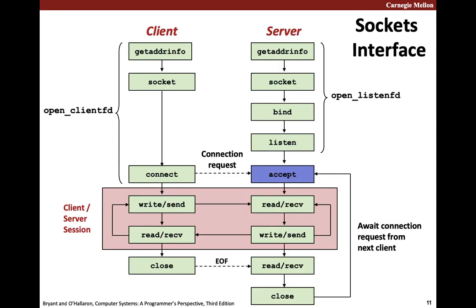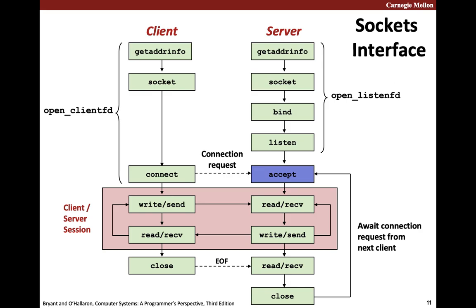So on the server side, we have getaddrinfo, and we have socket to create the socket. We are now using bind to bind a local address and a local port associated with this socket. Then finally, we're going to use the listen function call to say that, hey, this socket is now special to listen on the address and port that we've just bound to using the bind system call.